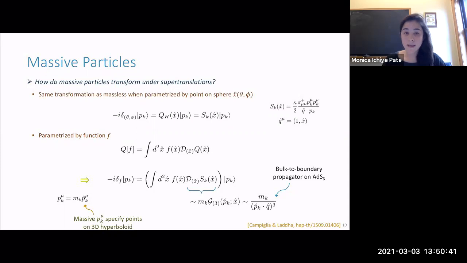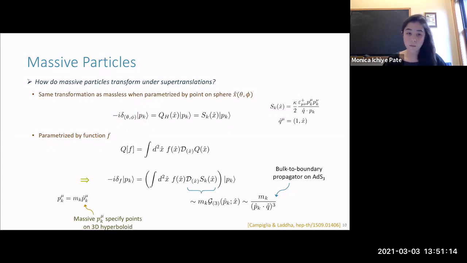The first thing is that the original argument I presented, where we were parameterizing the symmetries by the points on the sphere towards which the soft graviton was propagating, applies just as well to massive particles. In that case, we could interpret massive particles as being eigenstates of the hard charge where their eigenvalue is the soft factor.